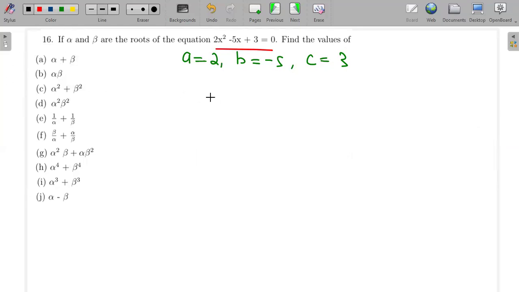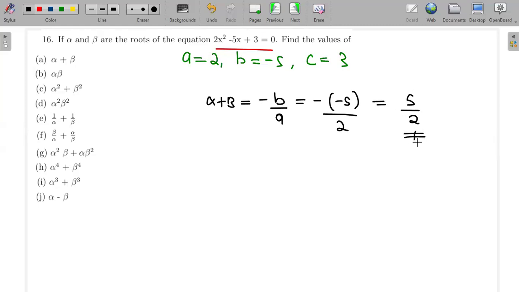So on a, we have alpha plus beta. Alpha plus beta is the same as minus b divided by a. So this will be minus, and then the b is minus 5, divided by the a, which is 2. So this is just going to be 5 divided by 2. Okay, so alpha plus beta is 5 divided by 2.